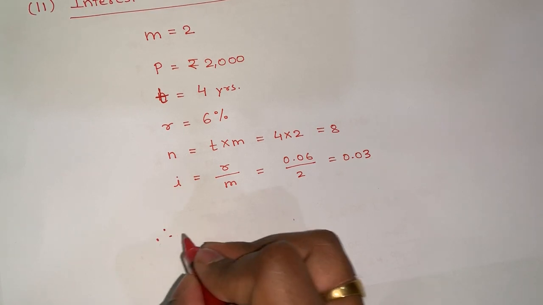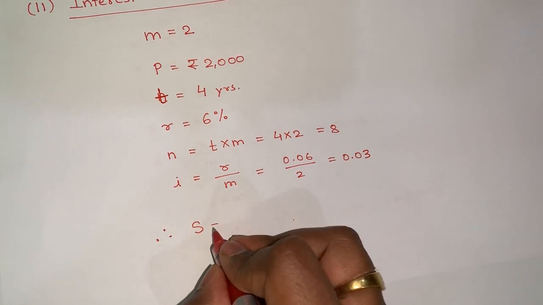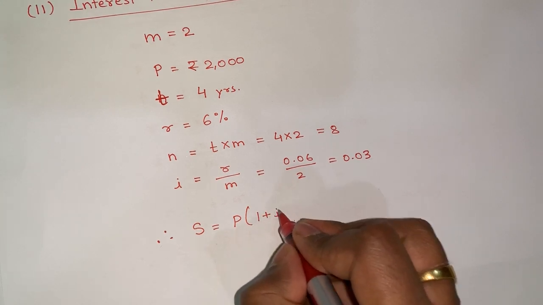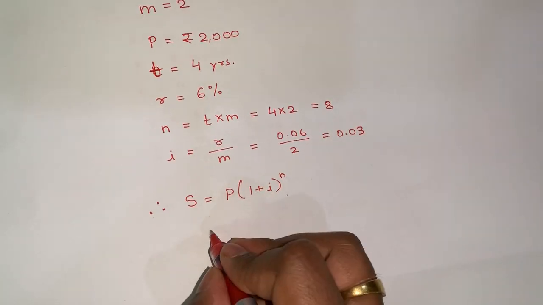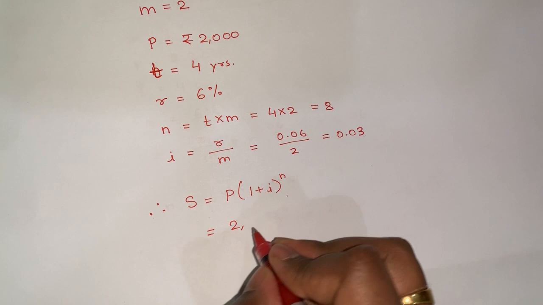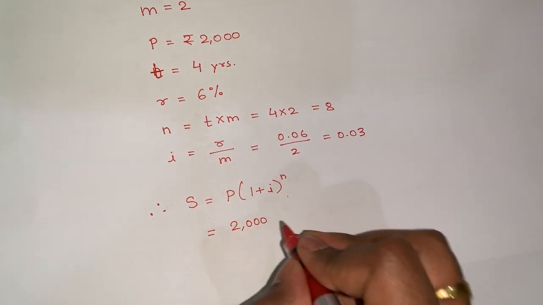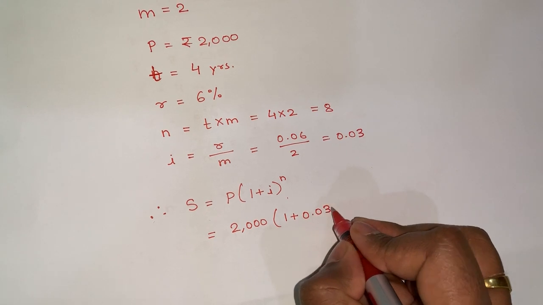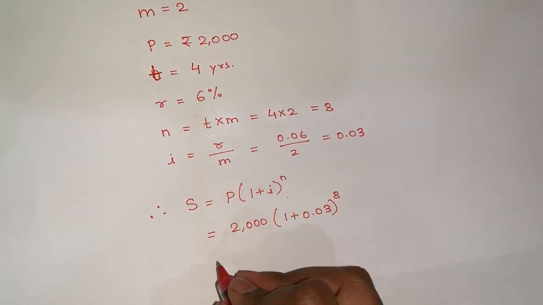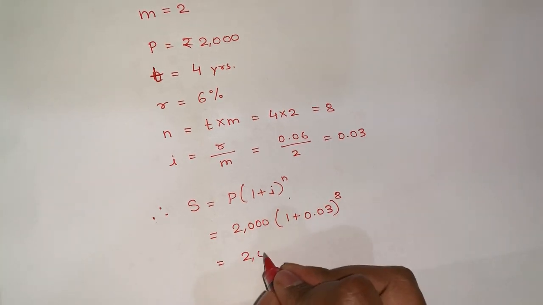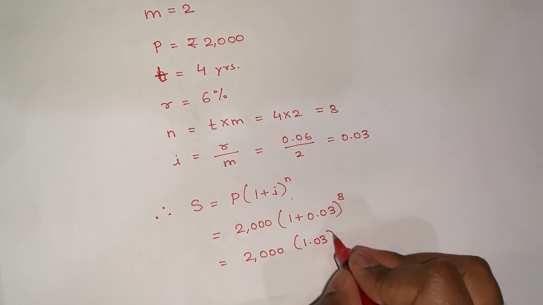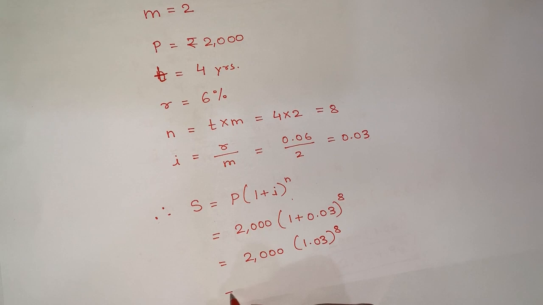Hence my amount here becomes P (1 plus I) to the power n, which is 2000 (1 plus 0.03) to the power 8, which is 2000 into 1.03 to the power 8.